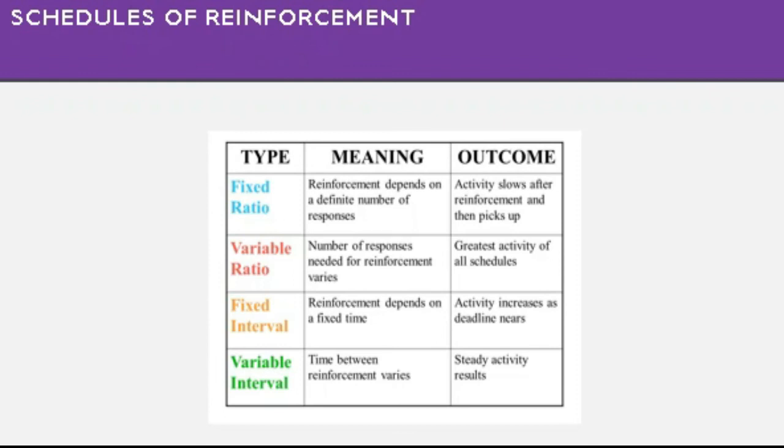Okay, example would be sa fixed ratio, example, there is a salesman. Okay, every time na makakabenta siya ng ika-fifth, halimbawa, nakabenta siya ng 5 kotse, okay, doon siya makaka-receive ng reward or ng reinforcement. That is fixed ratio, which will be the amount. Okay?